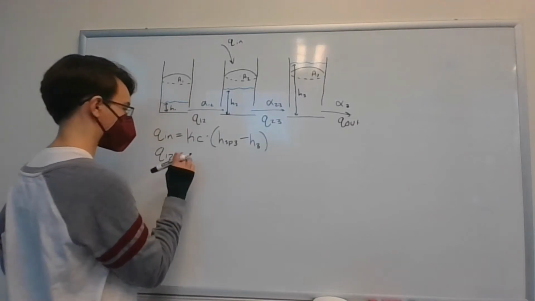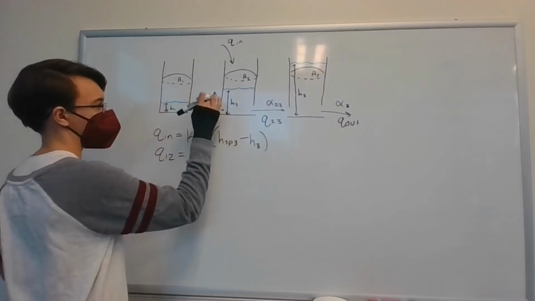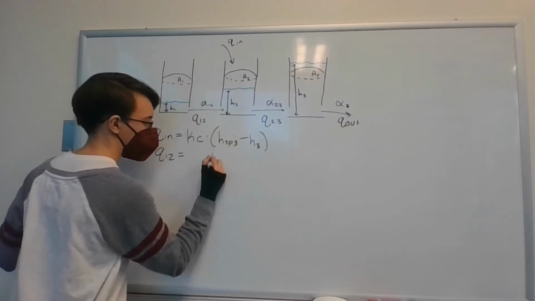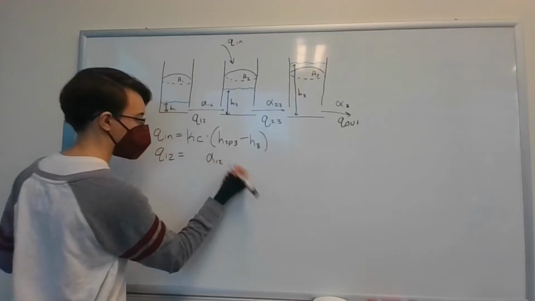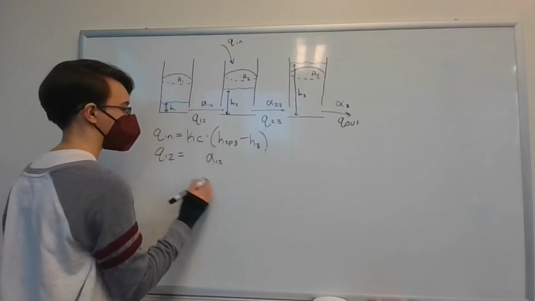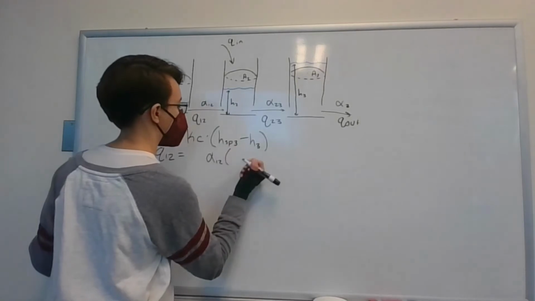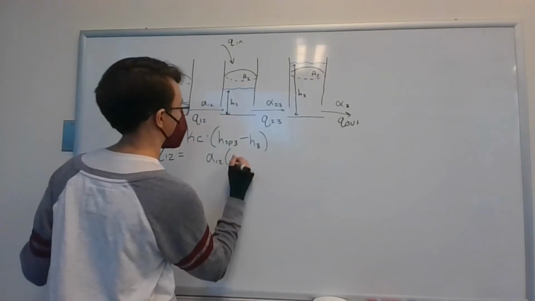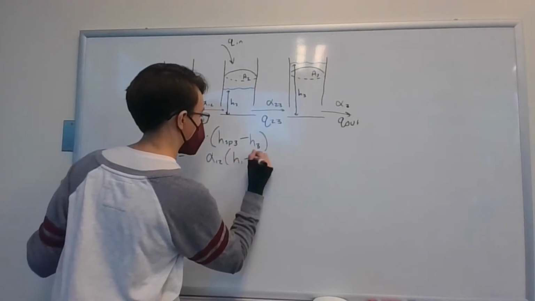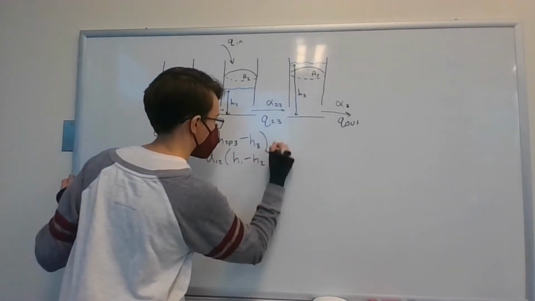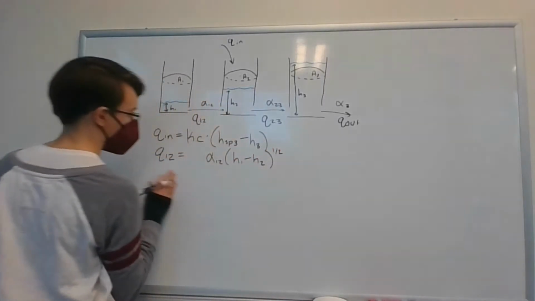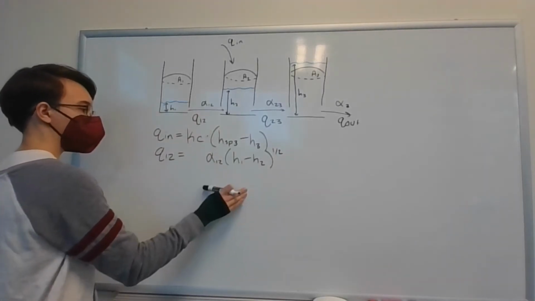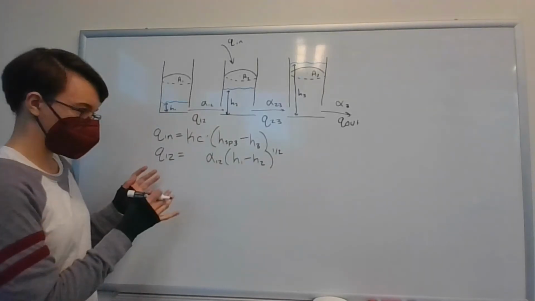So we're going to have Q12 equal to this proportionality constant, alpha 1,2, times the difference in the tank heights to the 1/2 power. So that's (H1 minus H2) to the 1/2 power. This is essentially what it's going to be.